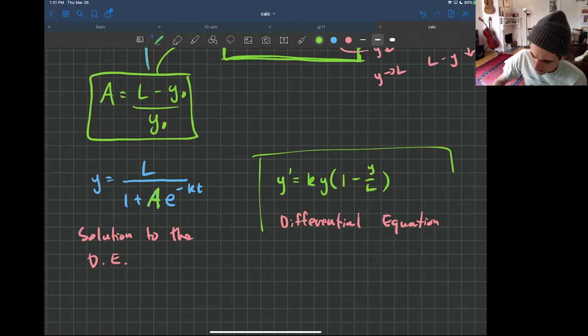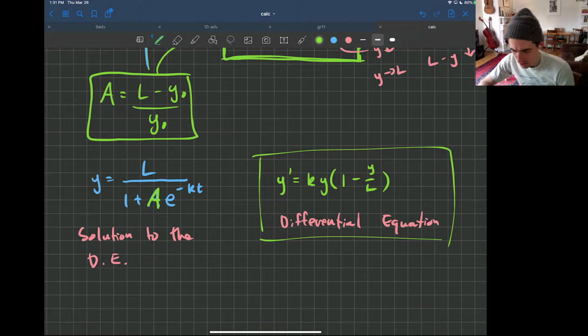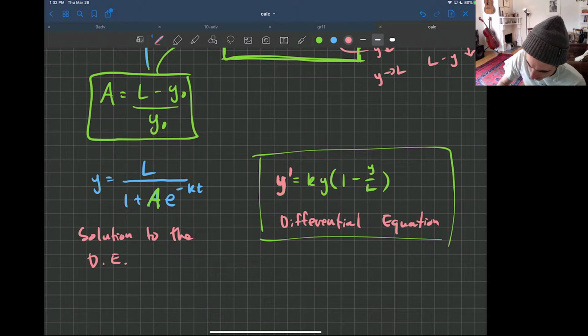So we're starting off with this one because we're making a model of what population growth actually looks like. And a nice way of modeling it is just to look at the rate of change, right? So that's why we have this differential equation. This is a y prime, so we're talking about the rate of change. The rate at which the population changes is going to be proportional.